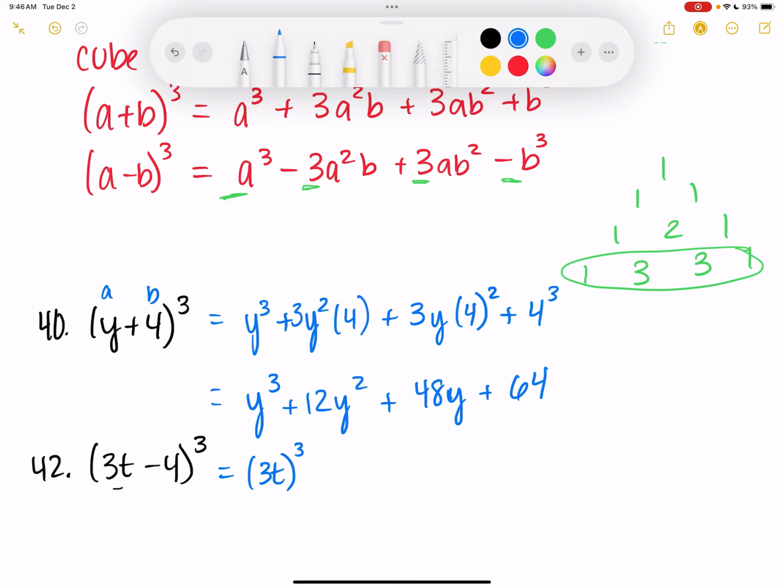This is minus, so the second sign is minus. 3 times the first term squared, so 3t squared, times the last term, which is 4. Then this term is plus 3 times the first term, 3t, times the last term squared, so 4 squared, and then minus 4 cubed.